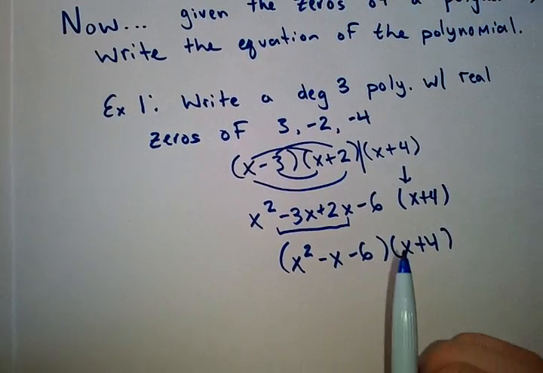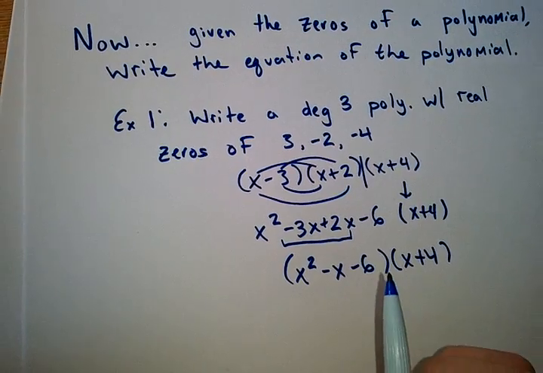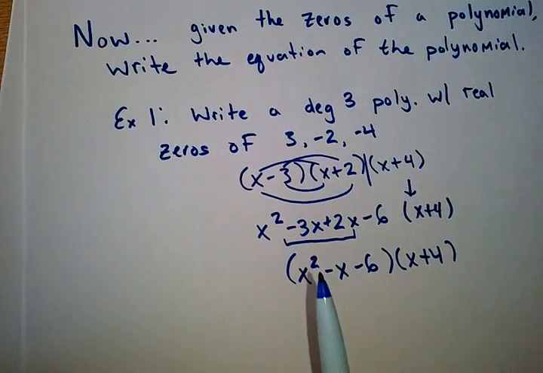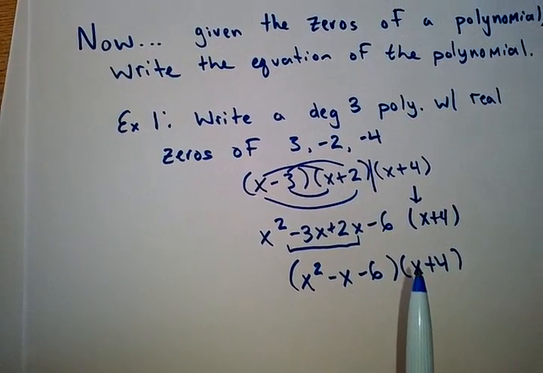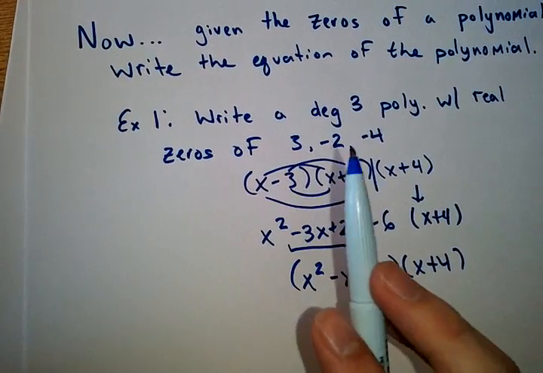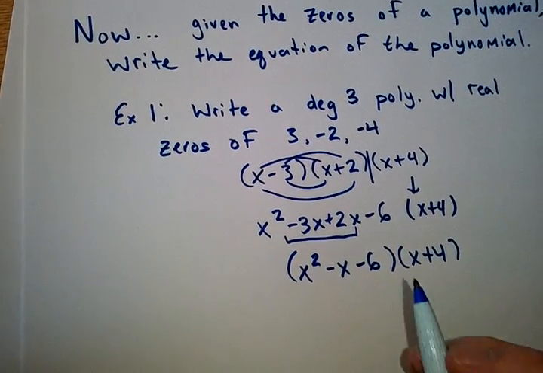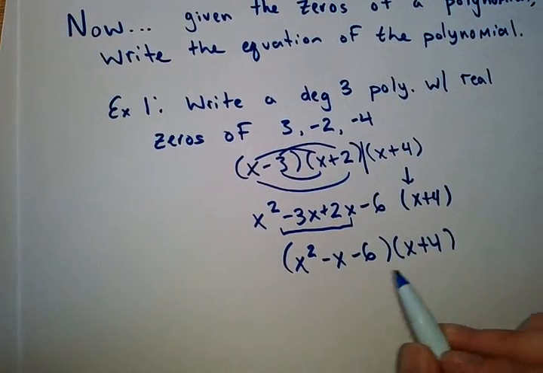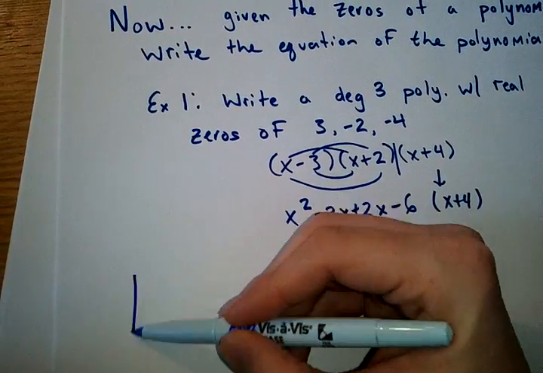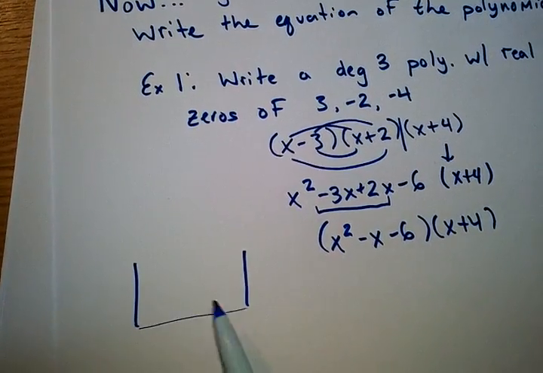The answer to this multiplication will be a polynomial that has a degree 3, because we'll have x squared times x, that'll give us x cubed, and these 3 zeros. For this multiplication here, I will practice the box method that we've been working on in class.